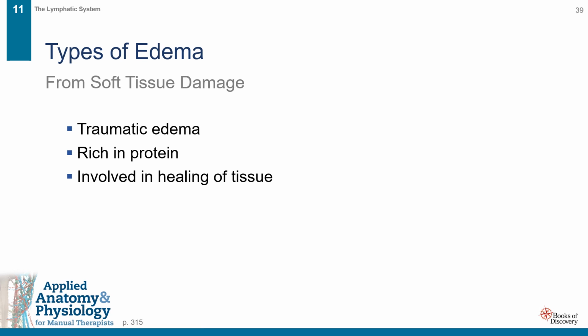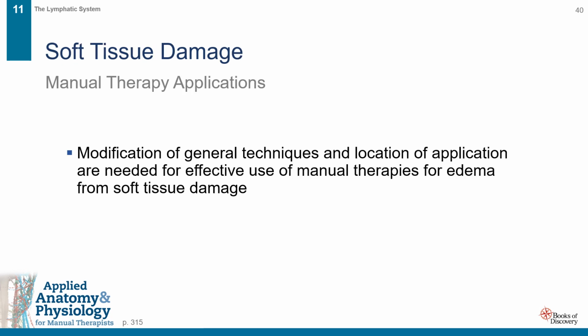This is certainly as important to proper healing of tissue as the cardiovascular system's delivery of repair materials. Traumatic edema cannot be fully resolved with the standard combination of long gliding strokes, such as effleurage, and kneading, which is petrissage, because the pressure from these strokes will most likely close the initial lymphatic vessels.